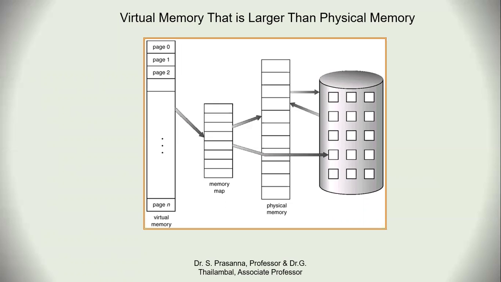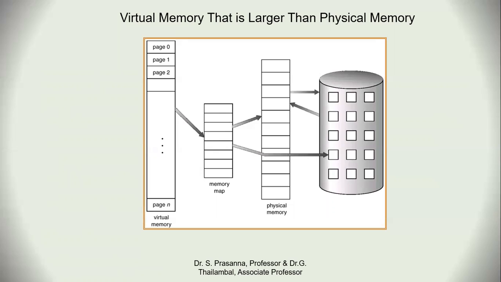Therefore, a memory mapping is needed in order to find the corresponding frame number of the logical address, that is the page number. That memory map is made, and if that particular page is available in the physical memory, then it is shown to the user directly.